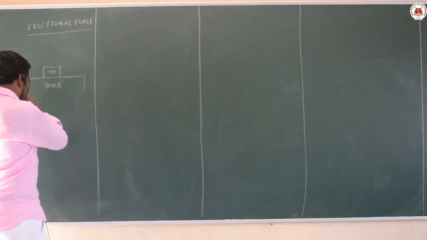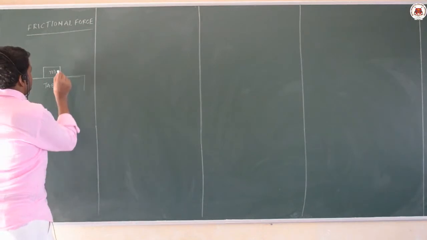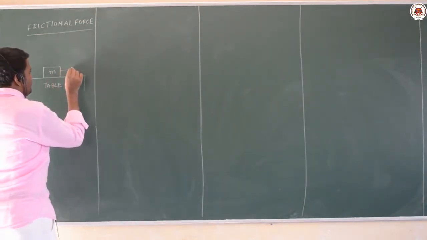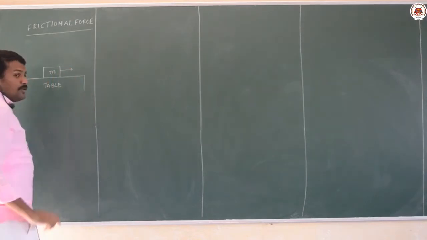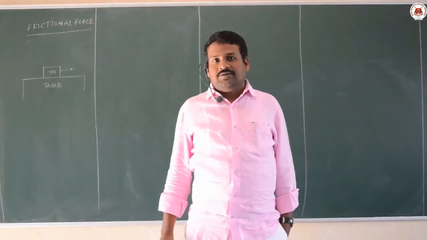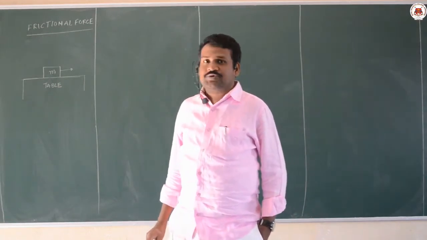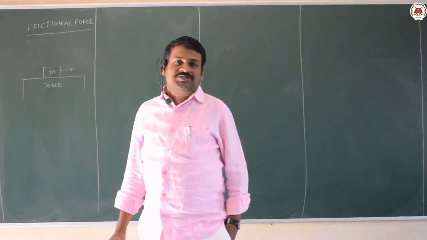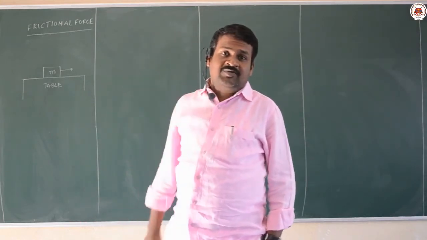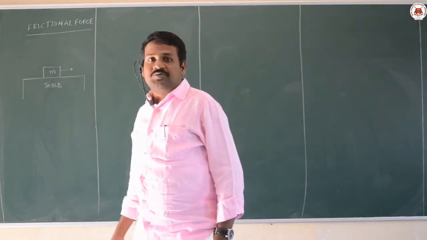Now when two bodies are in contact, if there is a relative motion, that means if one body is sliding on another body, then there will be an opposing force. The force which opposes the relative motion between the two bodies which are in contact with each other is called frictional force.